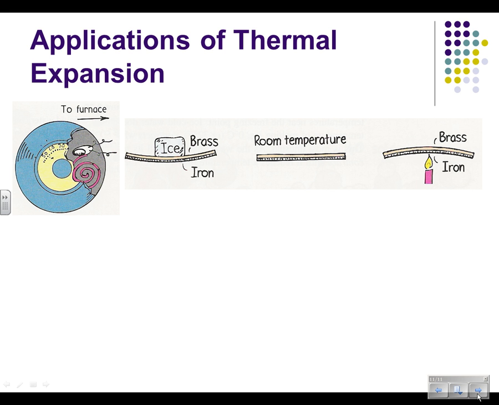It's actually made out of two metals, brass and iron, and they expand and contract at different rates. So, in the wintertime, when it gets cold in your house, that coil will contract and get smaller. When it gets small enough, it flips a switch. Guess what that switch is attached to? The heater. And it turns the heater on.